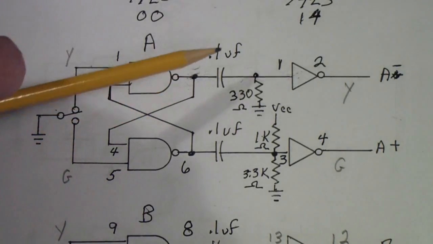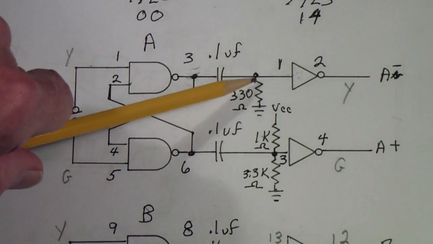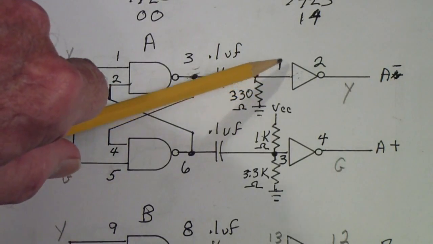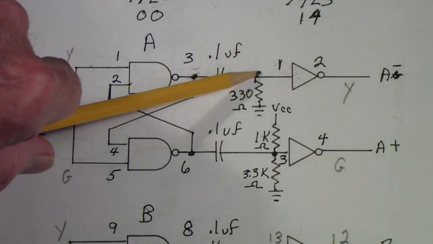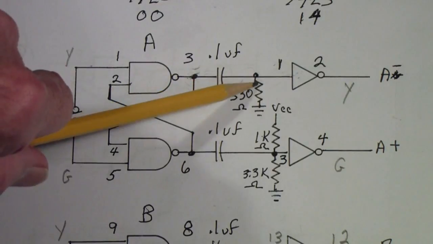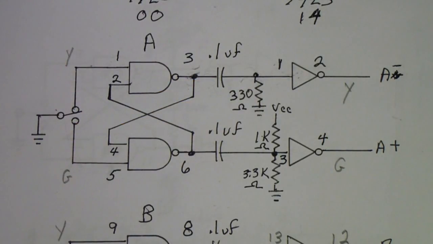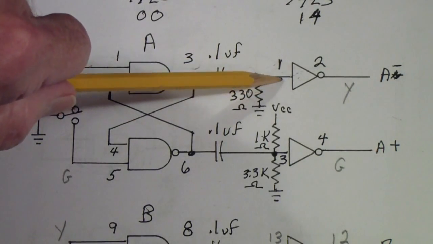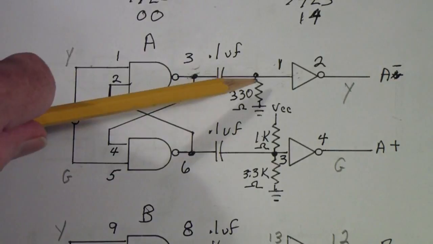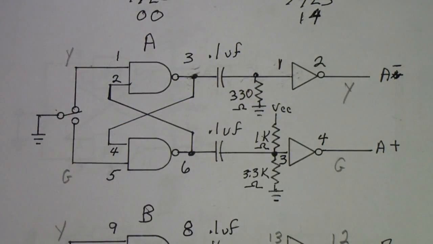That then starts applying current through that 330 ohm resistor, which raises the input of this gate to a 1. But as the capacitor discharges, this voltage will go down. Eventually it'll get down to a 0, and at that point, the input of this will be a 0. In other words, it goes to a 1 for a little while and then comes back to a 0.